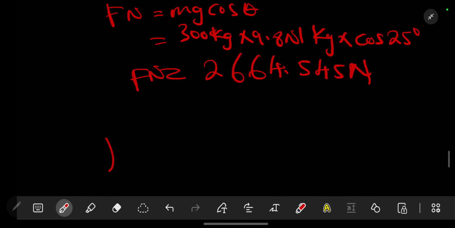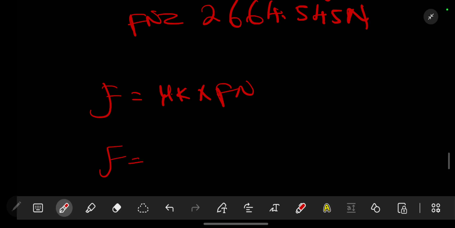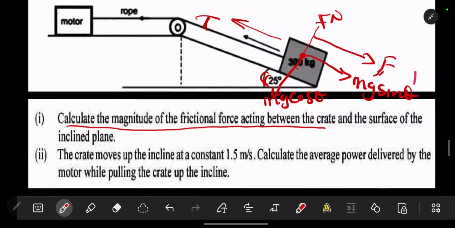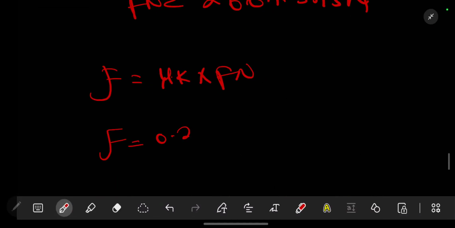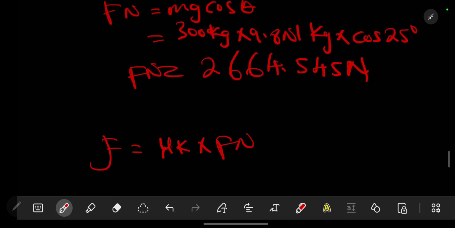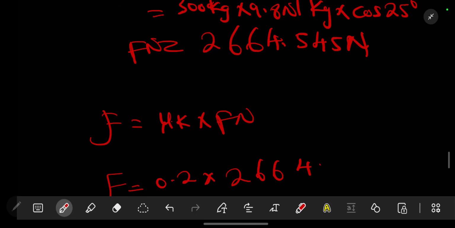Then we know that the frictional force is equal to the coefficient of kinetic friction times the normal force. If you wanted, you can replace as we did in the previous example. So the frictional force is 0.2 by our normal force, which is 2664.545 newtons.